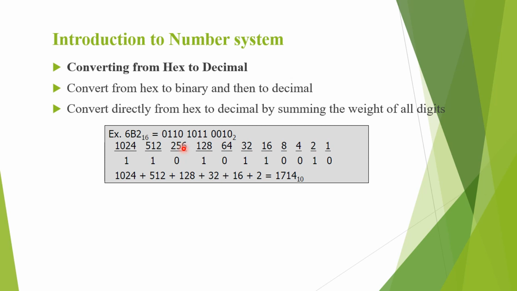The 256 weight, that is 2 to the power 8, is not added since the bit is 0. So the addition is done of the equivalent weights, and then you get the decimal equivalent, that is 1714. So the 6B2 hexa number is converted to a decimal number, and the answer is 1714.